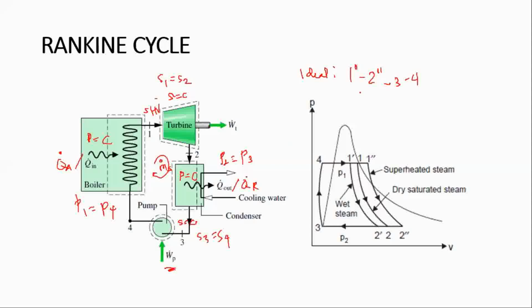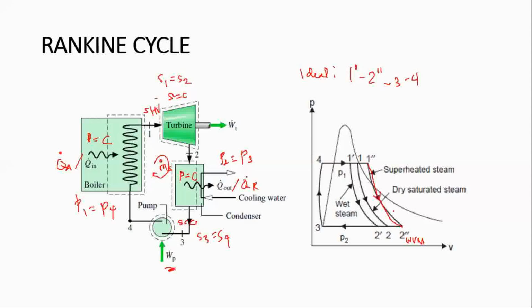And then, at point 2, ideally, from point 1 to point 2, nasa loob siya ng saturation curve. At point 2 double prime, this is wet vapor mixture. So combination siya ng steam at ng liquid. And then, by the way, at 1 to 2, ito yung ideal natin. Ayan.